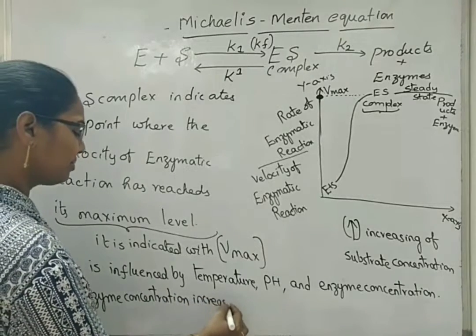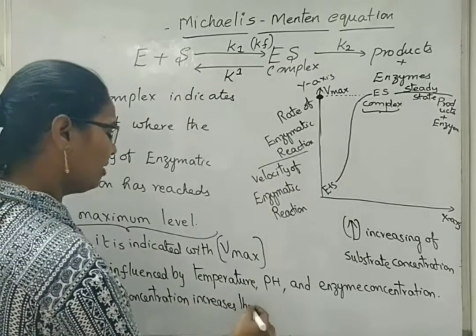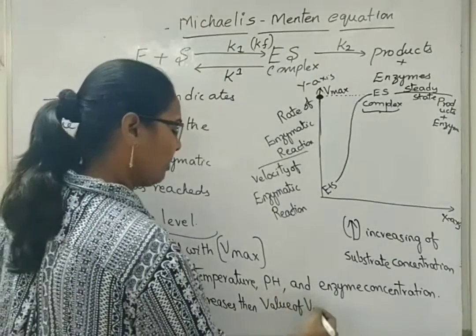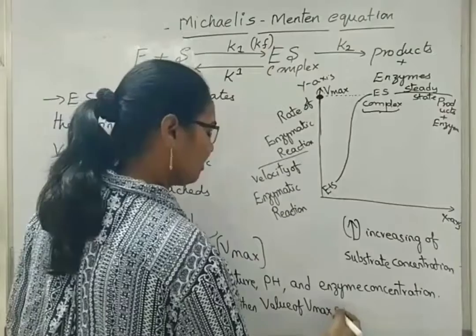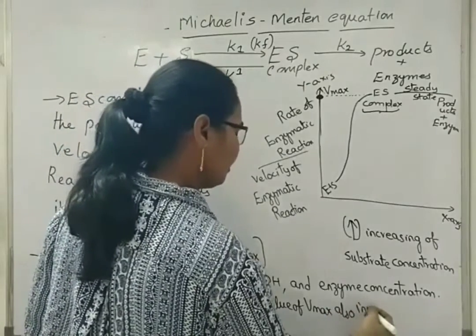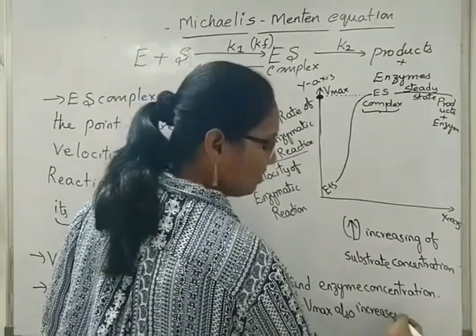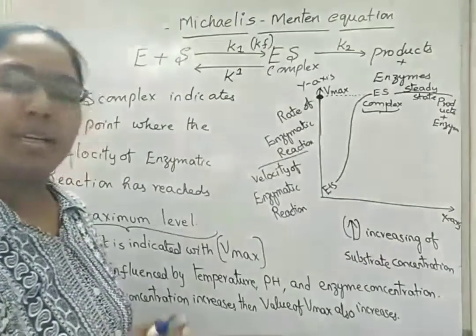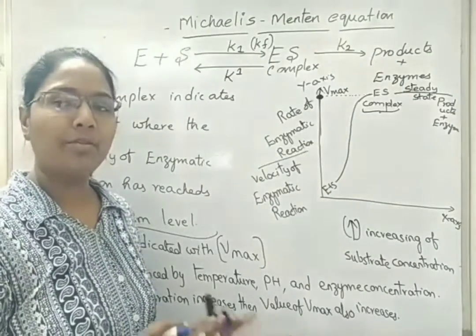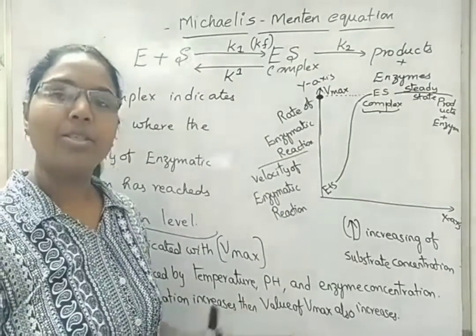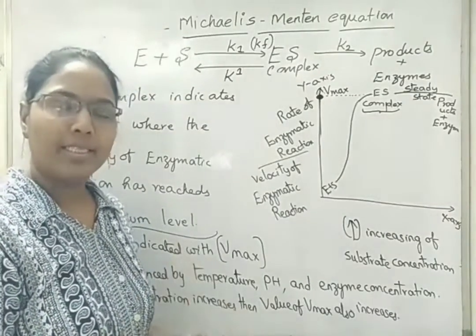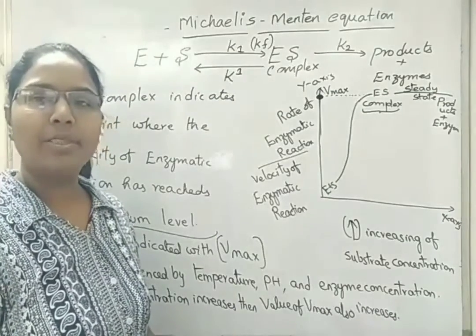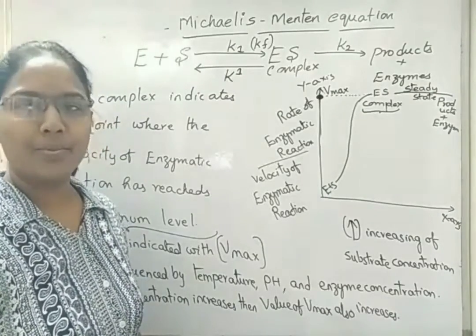But when substrate concentration is increased, there is no effect or influence on the velocity of the reaction, because by the time it has reached the maximum velocity, all the active sites of the enzymes are occupied by the substrates.